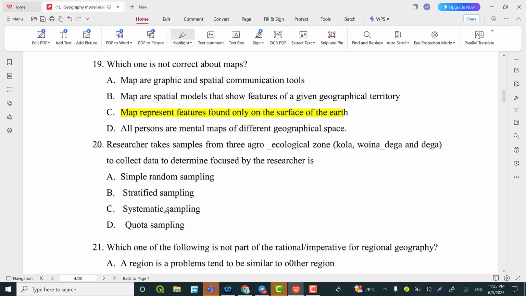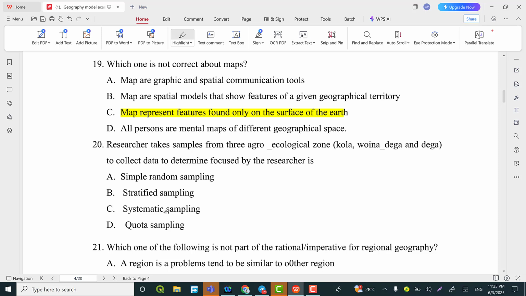If a certain researcher uses three agroecological zones like Kolla, Woina Dega, and Dega, we can make strata. The strata are on the basis of agroecological zone. One stratum is Kolla, the other is Woina Dega, and the other is Dega.